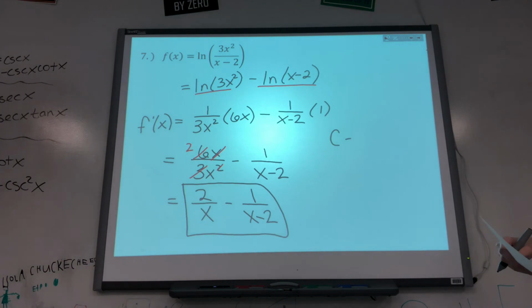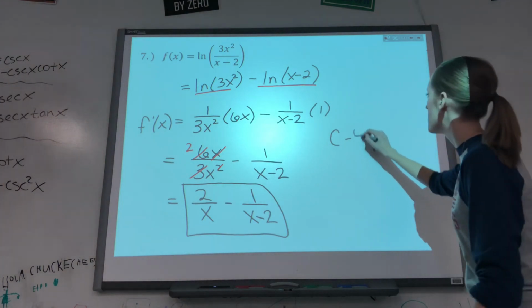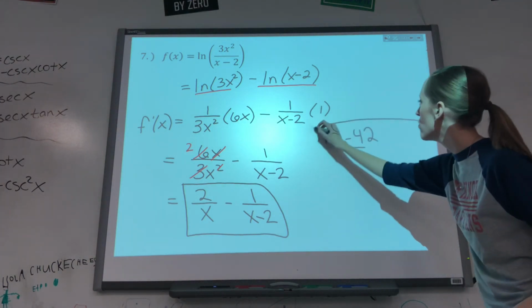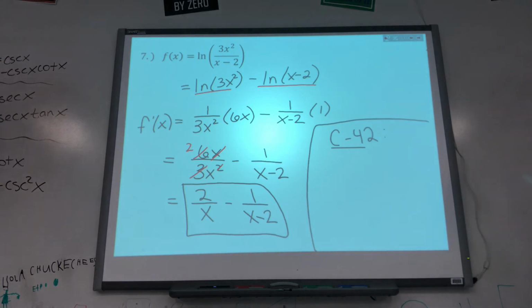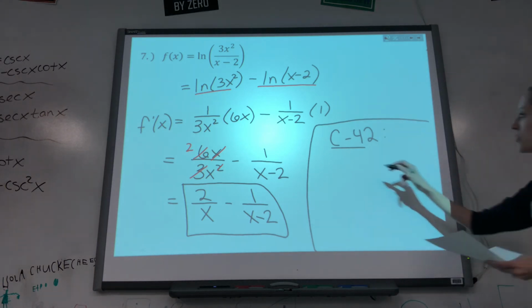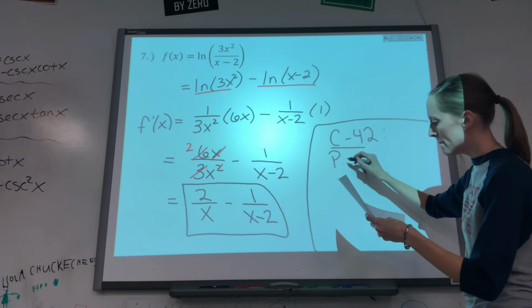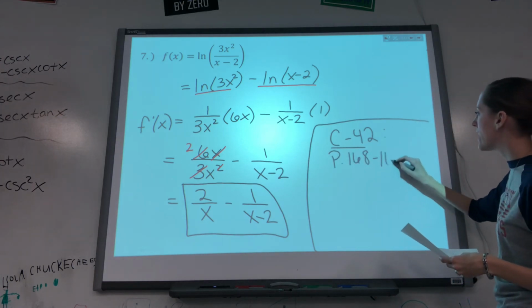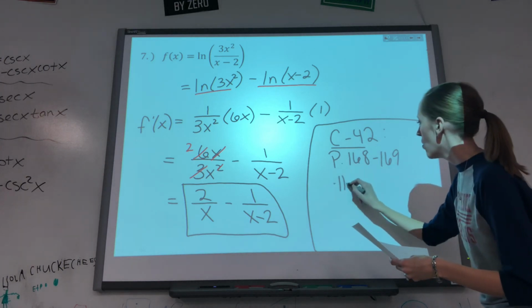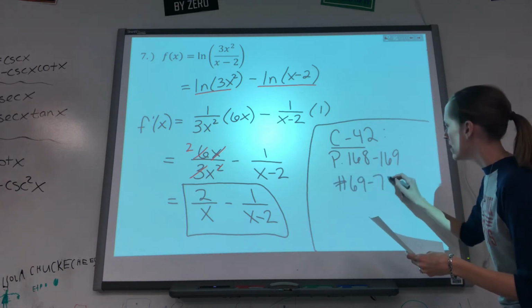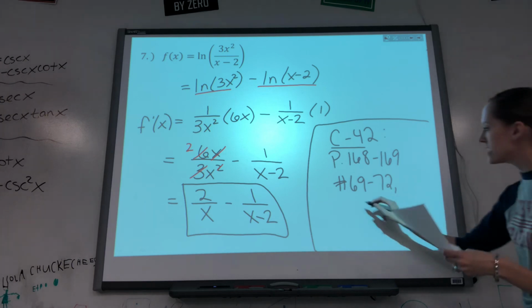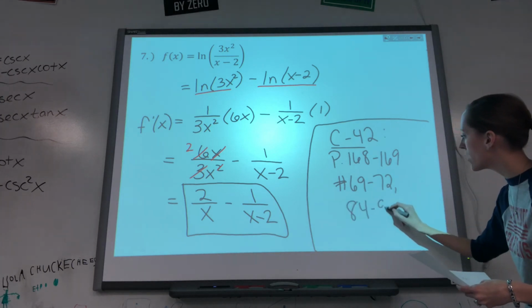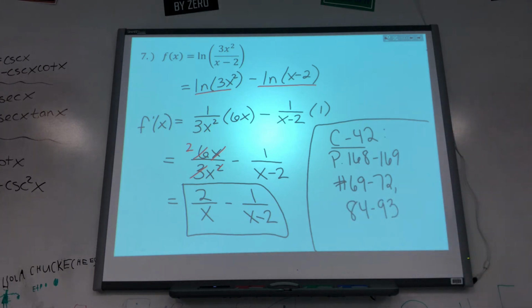Now let me go ahead and write the assignment down. I'm going to put it over here. This is C42 from pages 168 to 169. We're doing 69 to 72, 84 to 93.